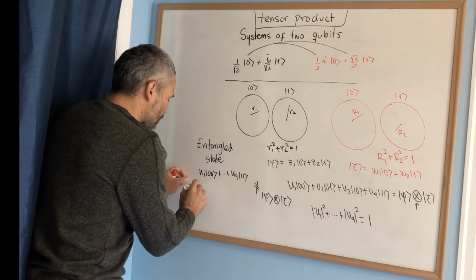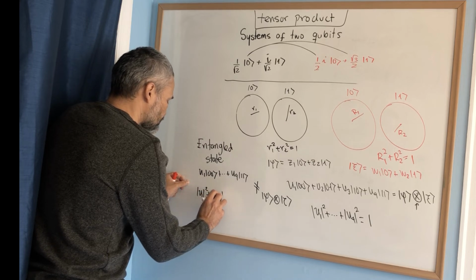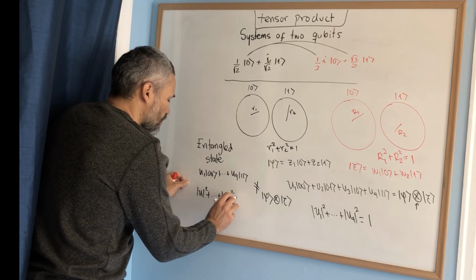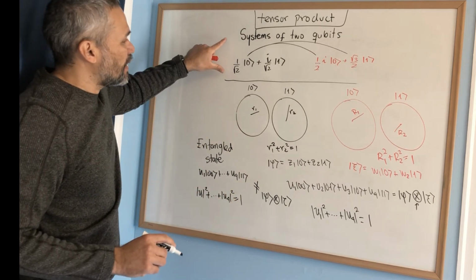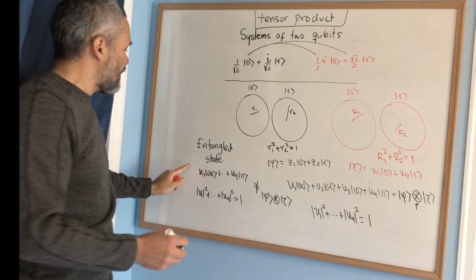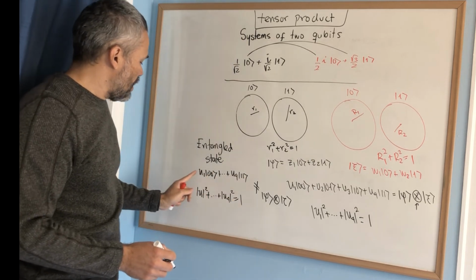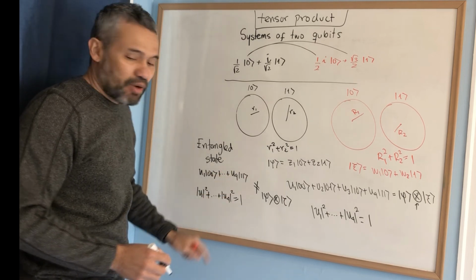And it has the property that the norm of U1 squared plus the norm of U4 squared equal 1. Actually, a quantum computer using entanglement gates can generate every possible combination U1, U2, U3, U4 with this property.